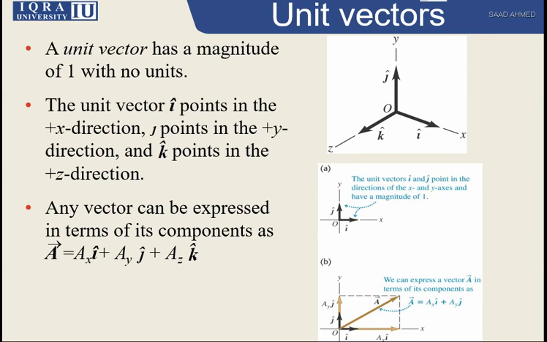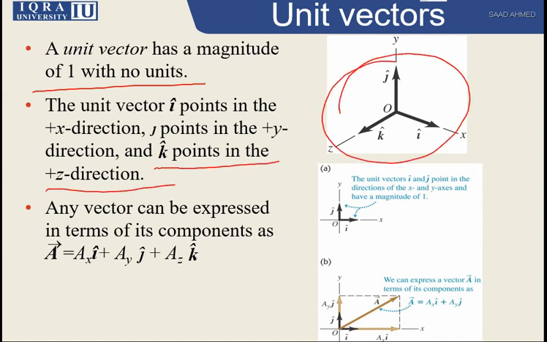Okay, the unit vectors. A unit vector has a magnitude of 1 with no units. The unit vector i points in the plus x direction, j points in the y direction, and k points in the z direction. See this diagram.